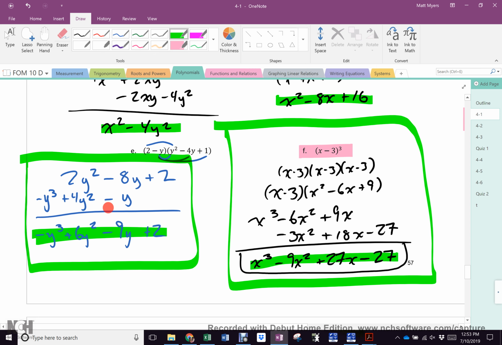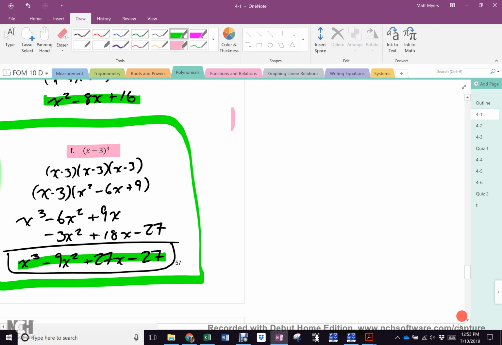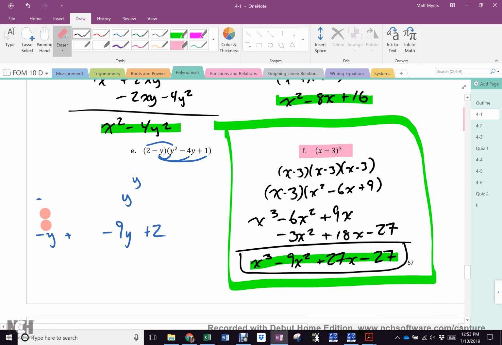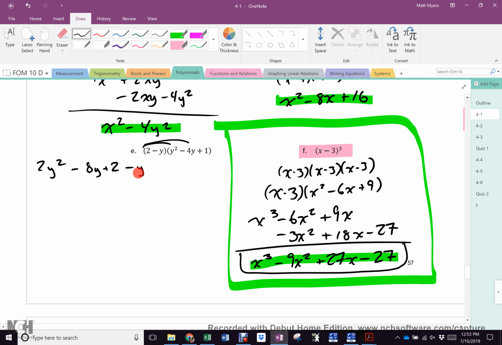Now, one other thing. Some of you have been taught to collect your like terms this way. On this question, some of you will have been taught to collect your like terms like this. 2y squared. There's the first one. Minus 8y plus 2 minus y cubed plus 4y squared minus y.